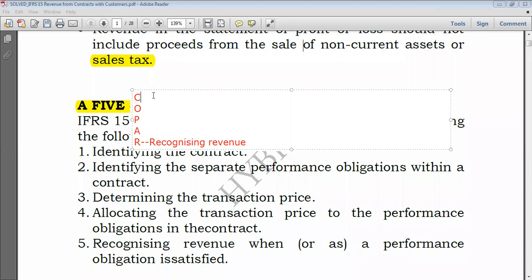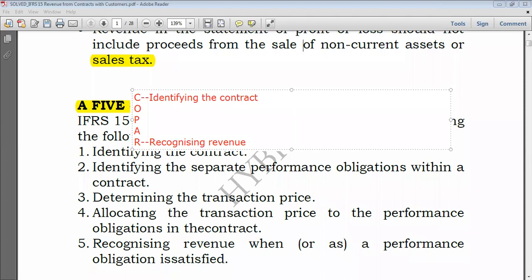So when speaking of C, the standard says revenue recognition from contract with customers. So first of all, you have to identify the contract. If there is no contract, actually you got nothing to do.